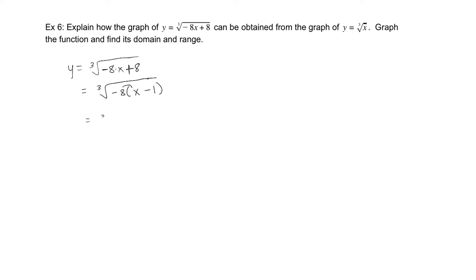Okay, then I can take the cube root of negative 8 and the cube root of x minus 1. The cube root of negative 8 is negative 2. And then the cube root of x minus 1. So here we have a coefficient of negative 2. So the negative means that it's going to be reflected across the x-axis.